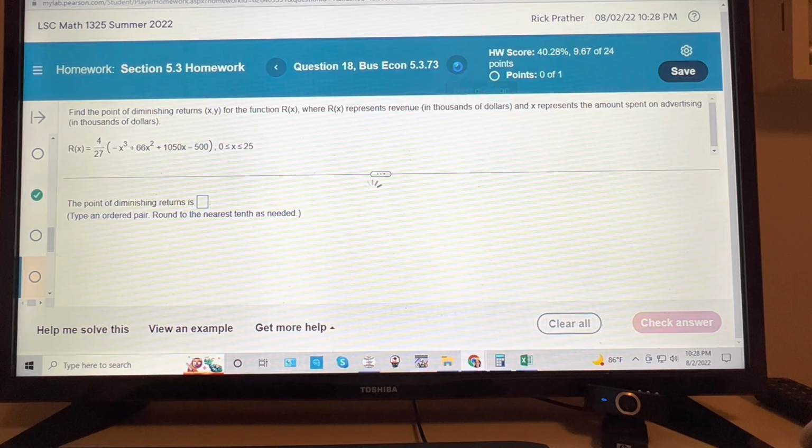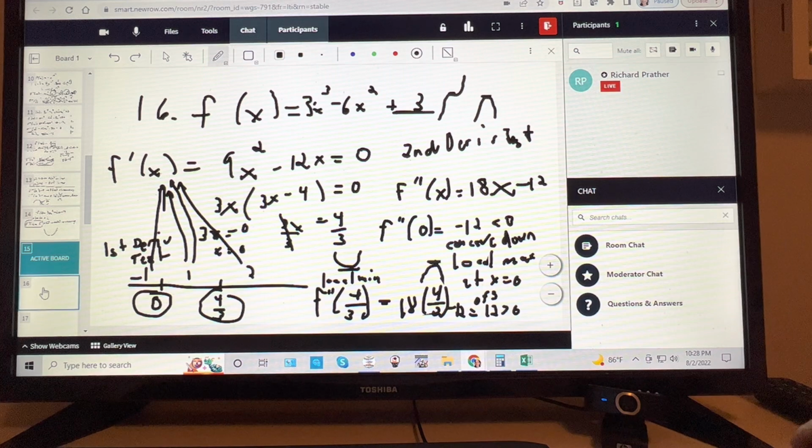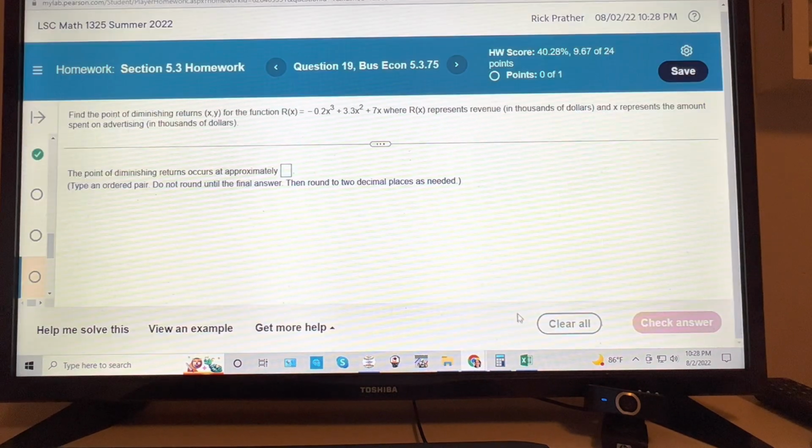And then maybe we'll do one of these here. See, here's what I was talking about. Find the point of diminishing returns. This is a good example. We're almost over an hour at this point though, but let's just do one more from this section. So the original revenue, this is a revenue function, how much money the company's taken in.